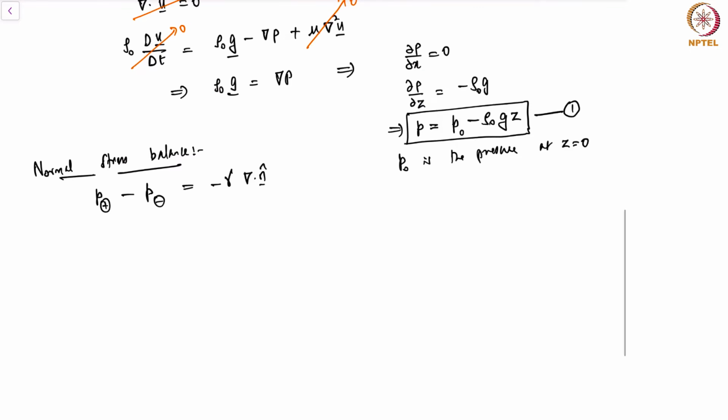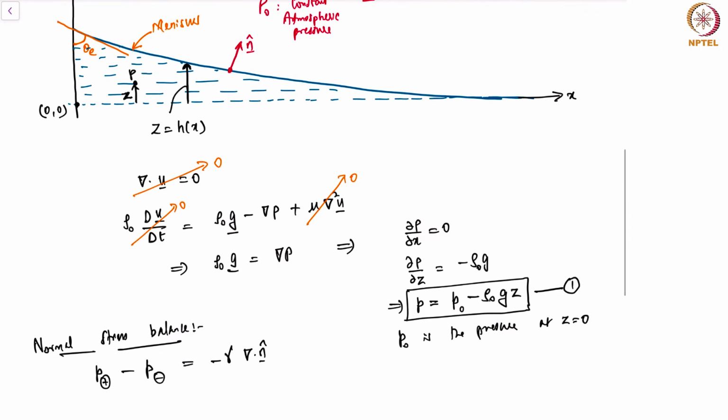Now what is minus and plus? So if I take any part of the interface, a little above and below, the minus would be below and plus is above this meniscus.